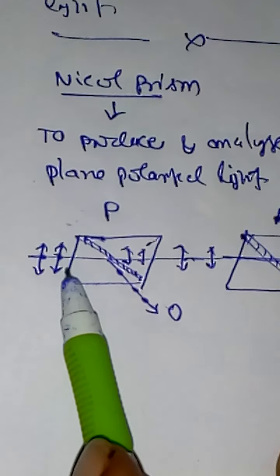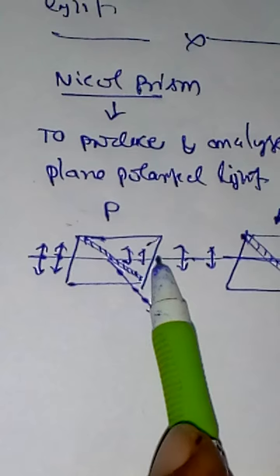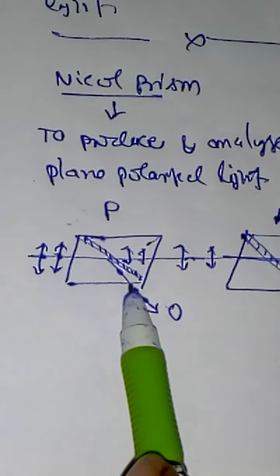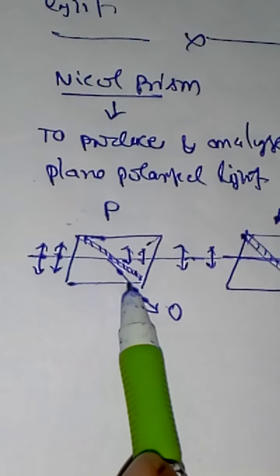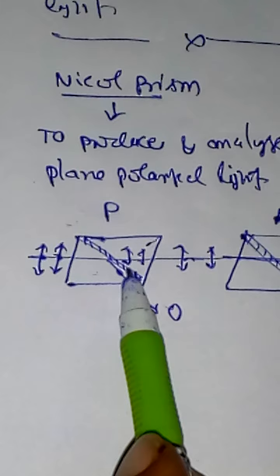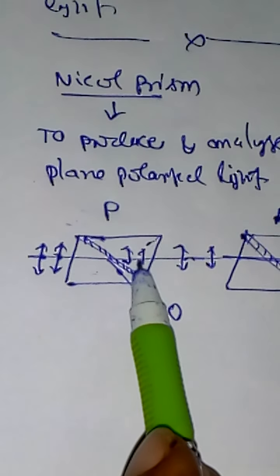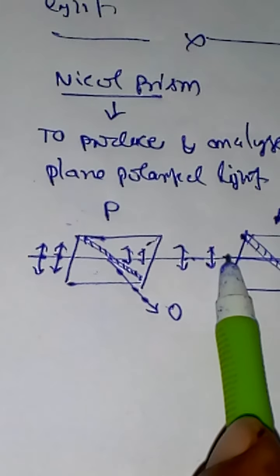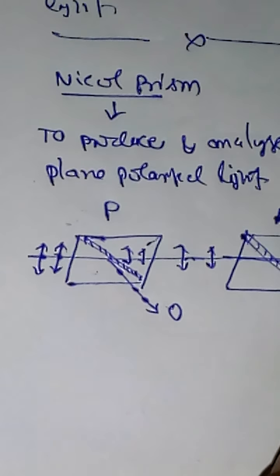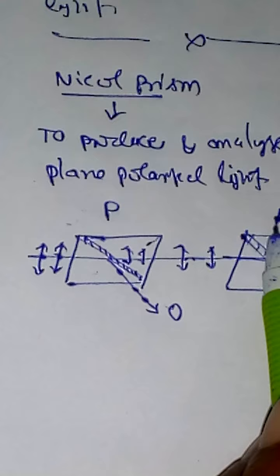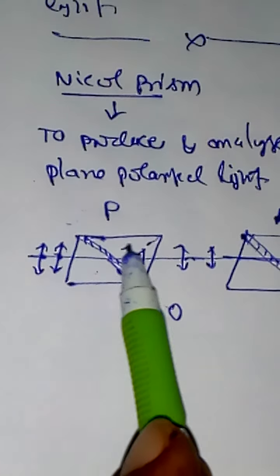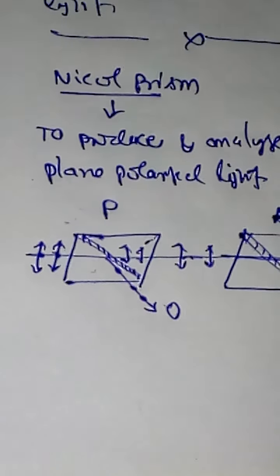That means it is splitting into ordinary and extraordinary rays. The ordinary ray is cut off when it is passing from calcite to Canada balsam, whereas the extraordinary ray is passed through it. If it is passed through another Nicol prism, let us say an analyzer, which is kept parallel to the first one, the extraordinary ray is passed through.